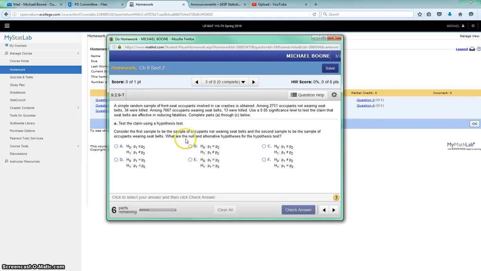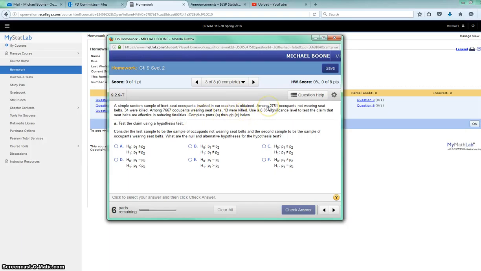So, in this question, we had that many occupants not wearing seatbelts, 34 were killed. Among 7,667 occupants wearing seatbelts, 13 were killed. So we have two different samples to claim that the seatbelts are effective in reducing fatalities.